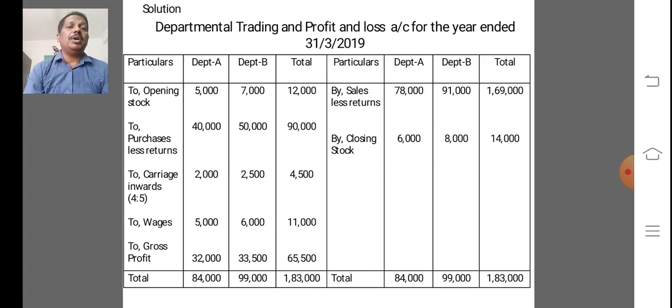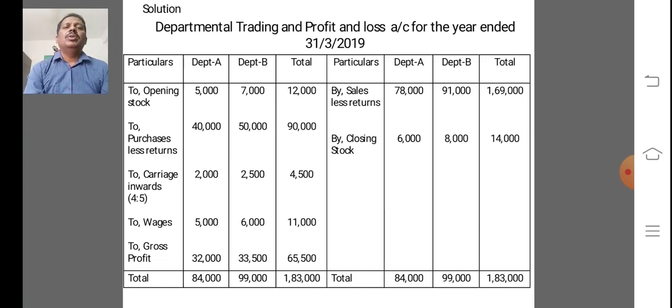Department wise we are preparing. First, we debit the opening stock: department A 5,000, department B 7,000, and total opening stock 12,000. And again debit the purchases less returns: A department 40,000, B department 50,000, and total 90,000.